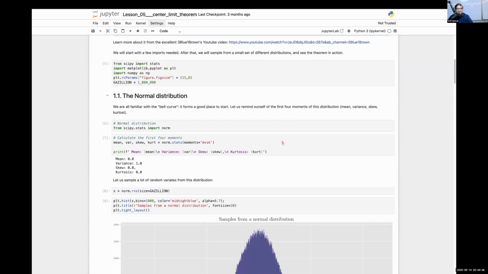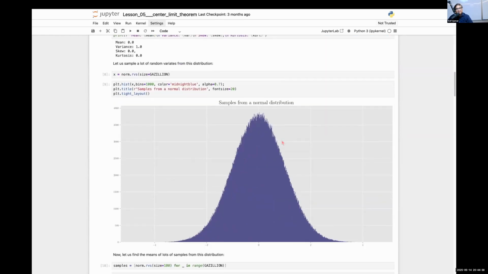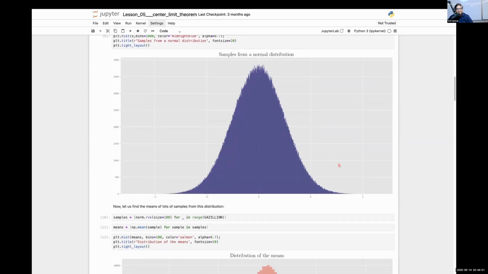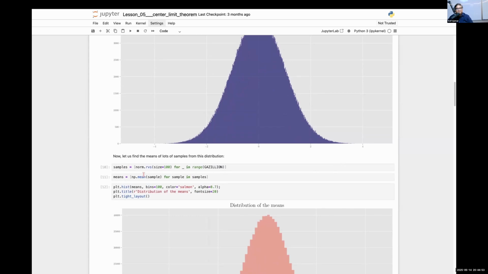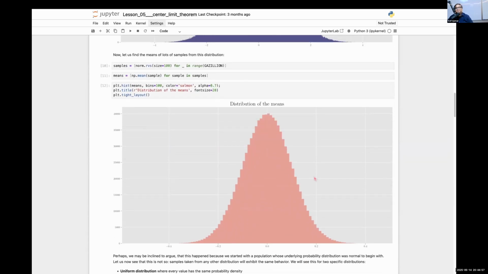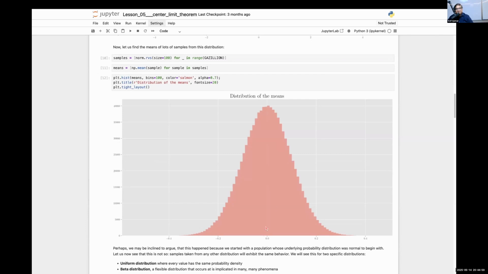So common sense applies. Now suppose you're looking at people's heights, which sort of have a bell curve distribution. If you take random samples of people and compute the means of those random samples, you will notice, here we took about 100 samples, that the mean of the samples is around 0, isn't it?